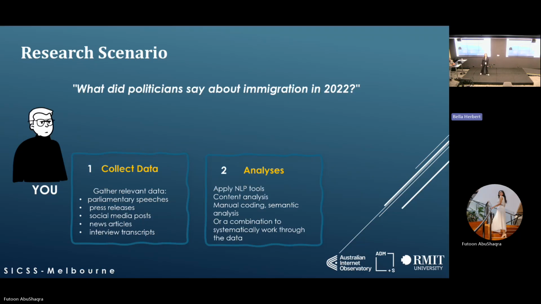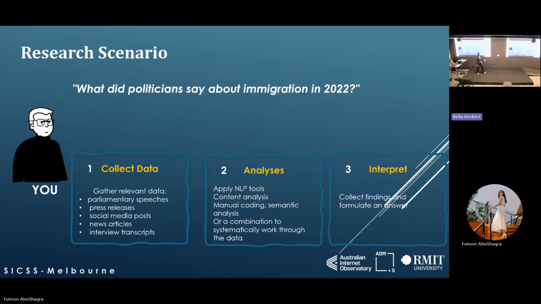You might use some natural language processing tools and methods. You might do concept analysis. You might do semantic analysis. You might combine different methods, but you need to be a bit of an expert in how to analyze these documents. And then based on that, you will make your findings and observations that will help you answer your research question.